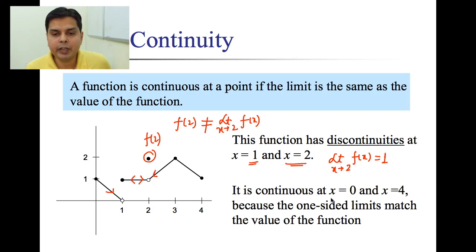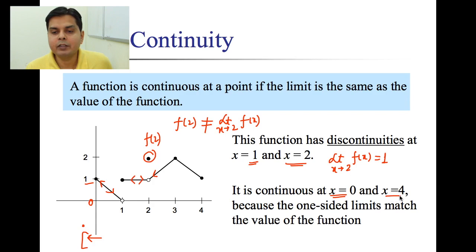But about x equal to 1, the value of the function is also 1 and the right hand limit is also 1, so it is continuous. Remember, this x equal to 0 is my left end point because my function is defined only from x equal to 0. So at the left end point we check the value of the function and the right hand limit.